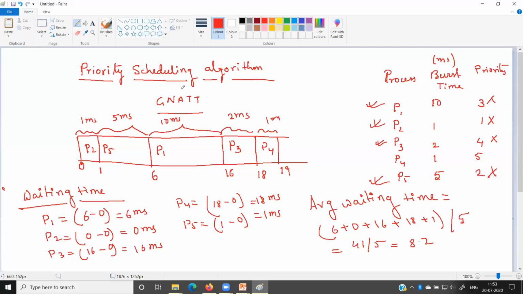So we will consider this same set of processes, but for a different scenario, where we will add some arrival times.